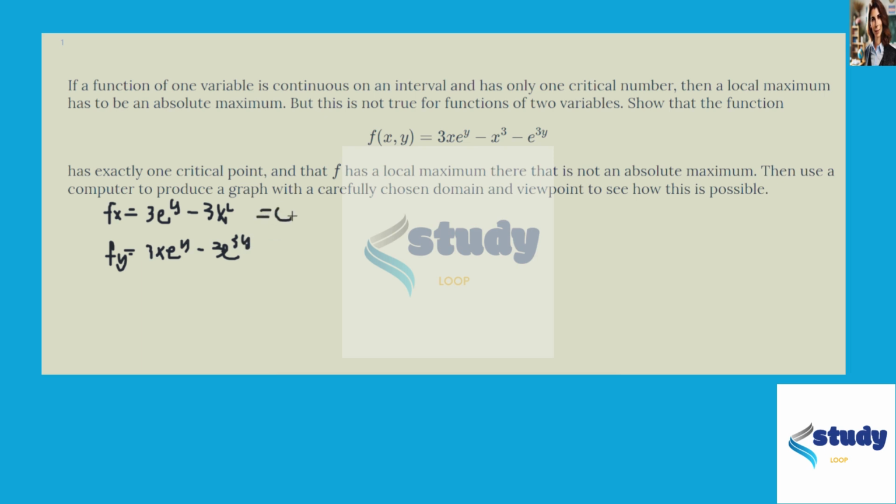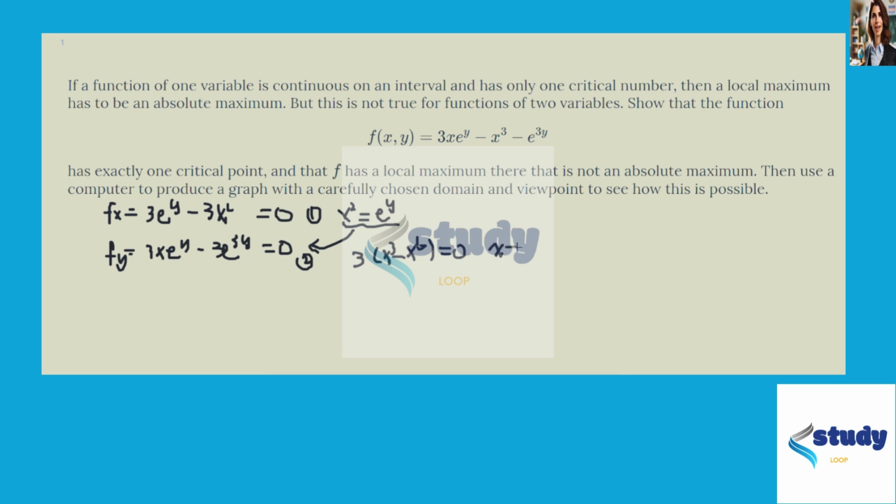If we let each of them be equal to 0, we have x^2 = e^y from equation 1, and applying this to equation 2, we have 3x^3 - x^6 = 0.